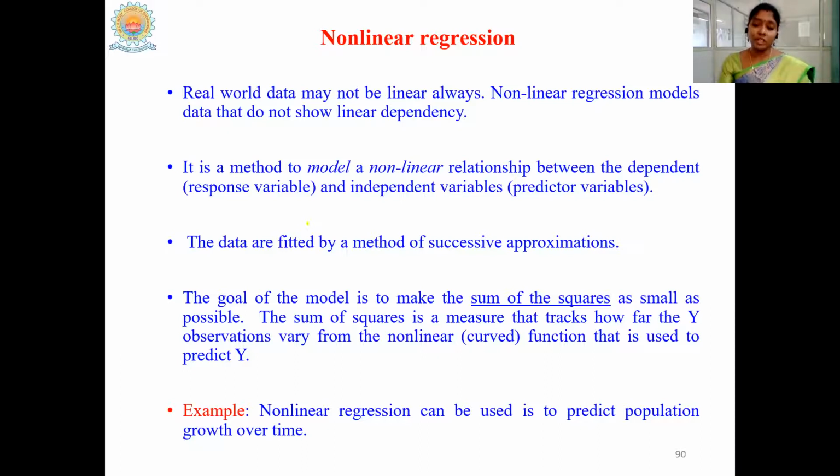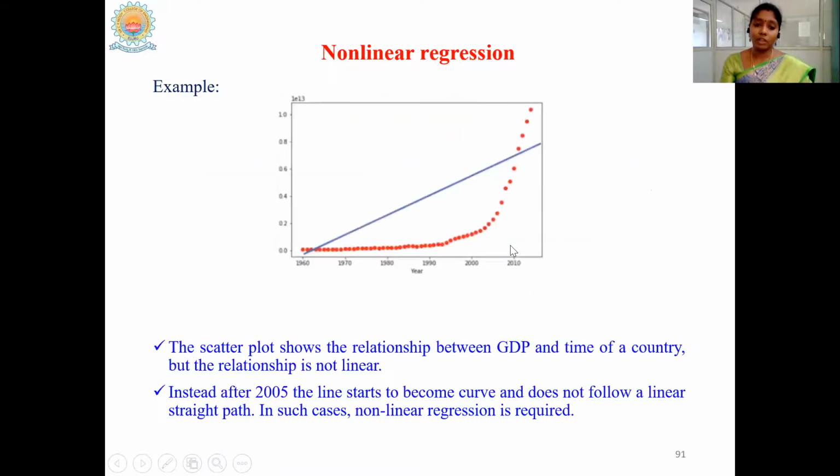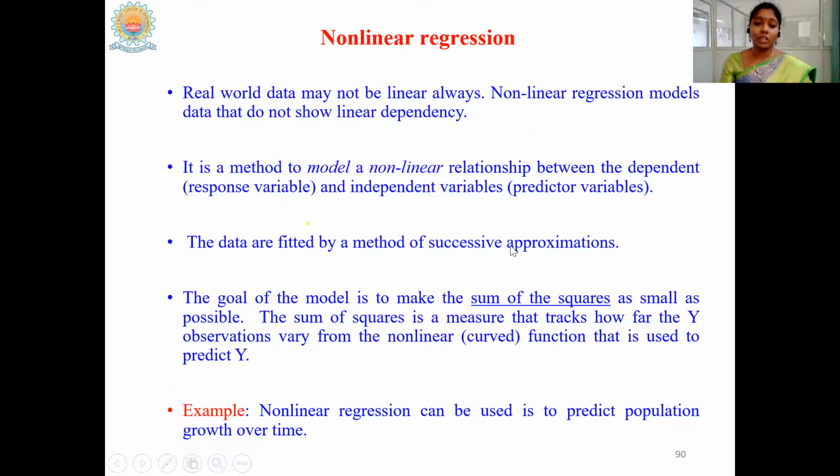Just like we have the method of least squares in linear regression, here we have the method of successive approximation in nonlinear regression. The goal of the model is to make the sum of squares as small as possible. As I said, the sum of squares is a measure that tracks how far the y observations are from the nonlinear function that is used to predict y.